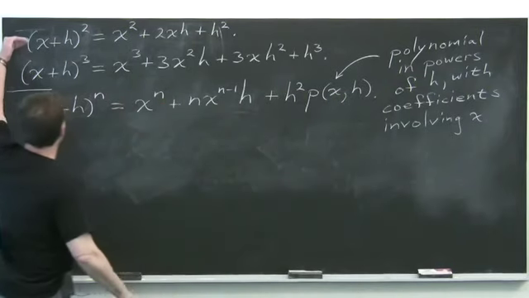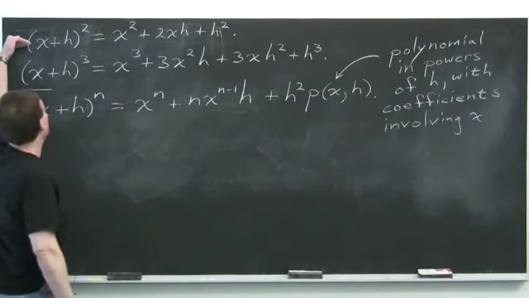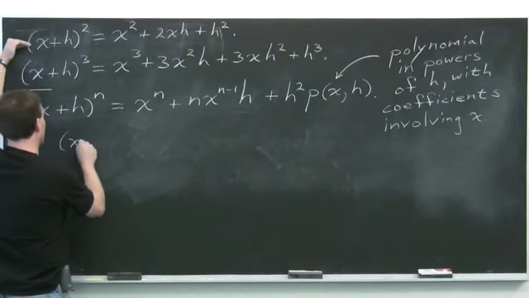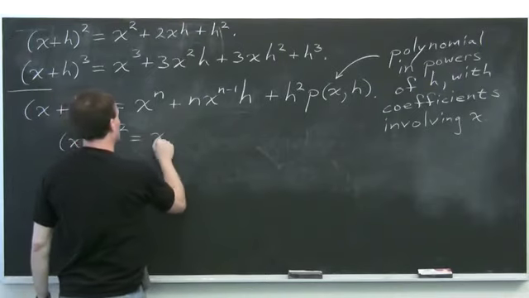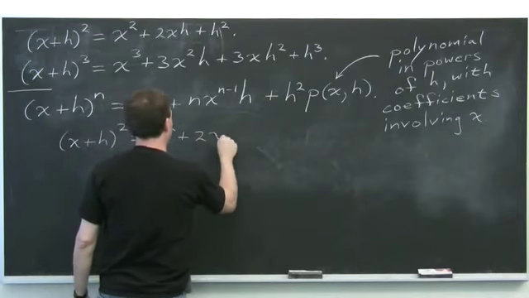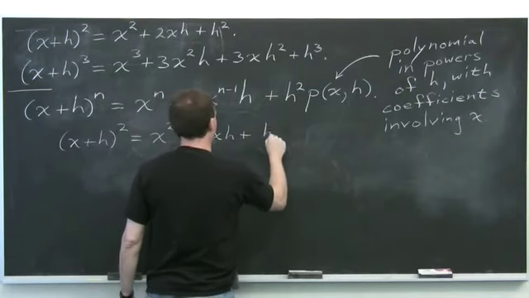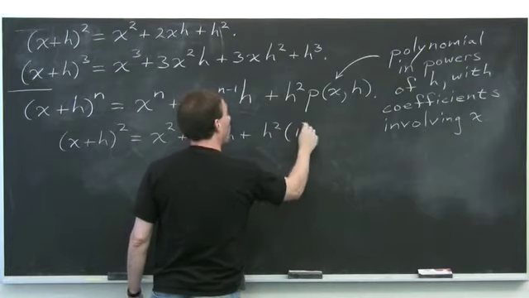So, for instance, for x plus h squared, we're saying x plus h squared is, well, it's x squared plus 2xh plus h squared times 1.